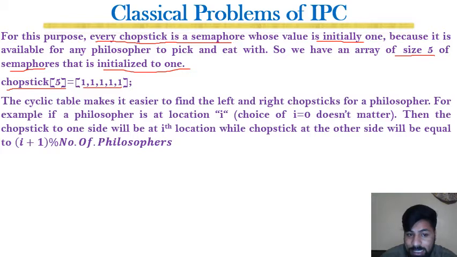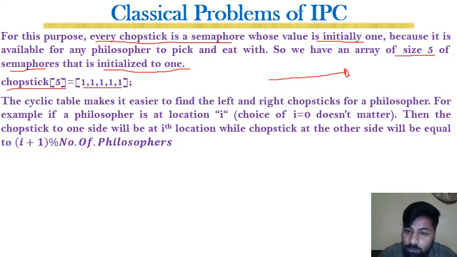And the cyclic table makes it easier to find the left and right chopstick for a philosopher. In case of linear, for example, if they were sitting in a line, then for every philosopher it would be difficult to decide where actually the left and right chopsticks are, particularly for the first and the last philosopher.